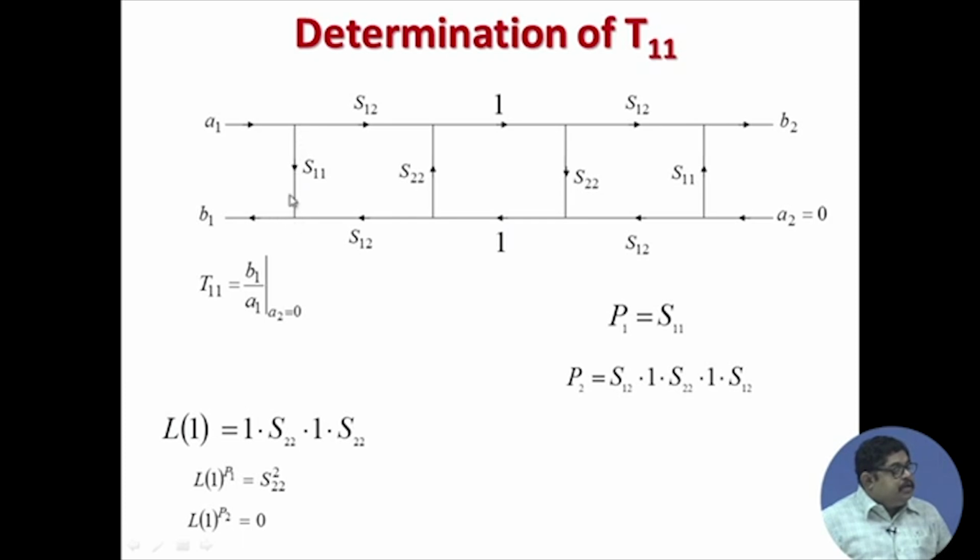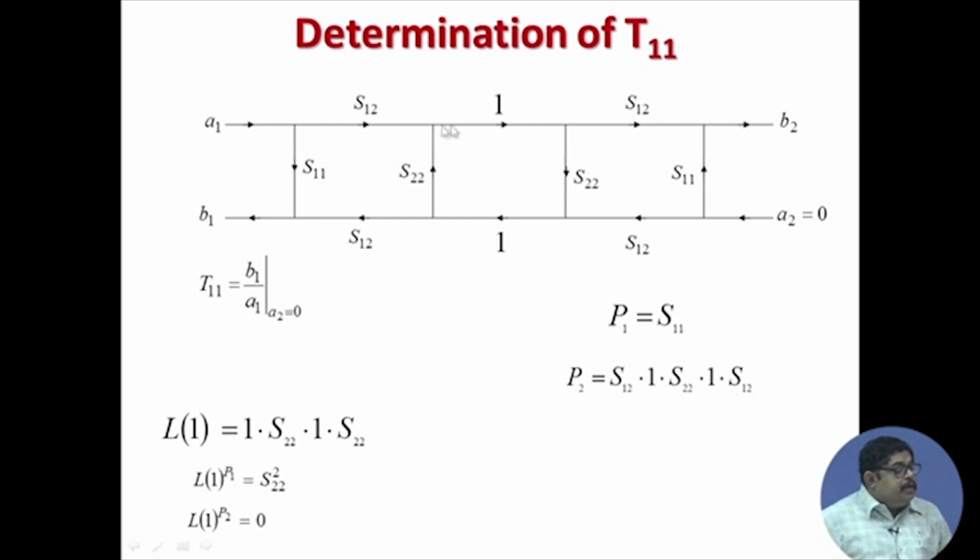One path is definitely this one, that we are calling P1, and the value of this path is S11. Another path is this one, then I can come back. So, this is another path, that we are calling S12, S22, S12, all products.